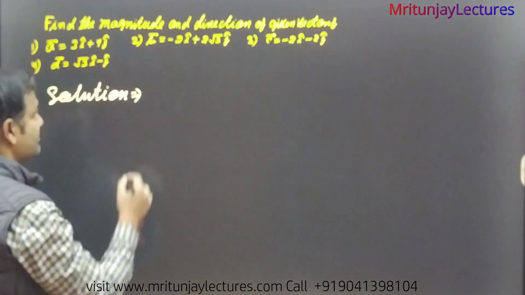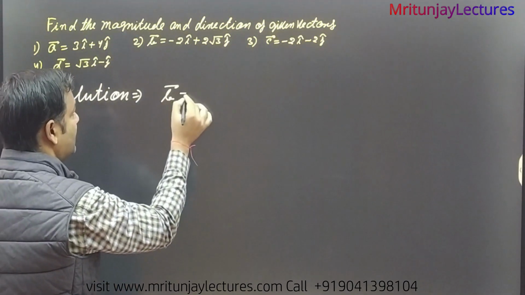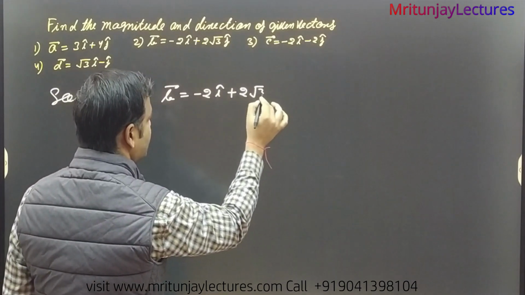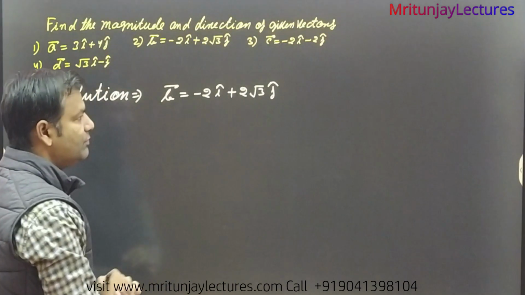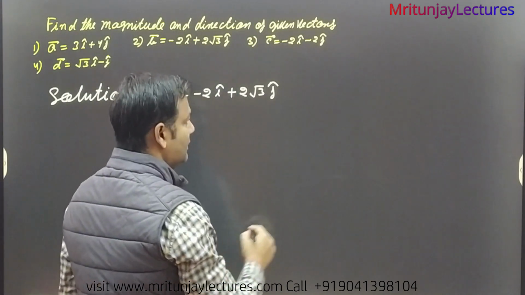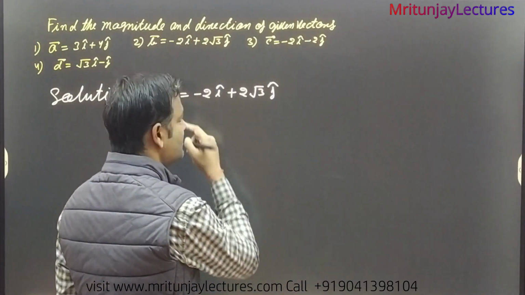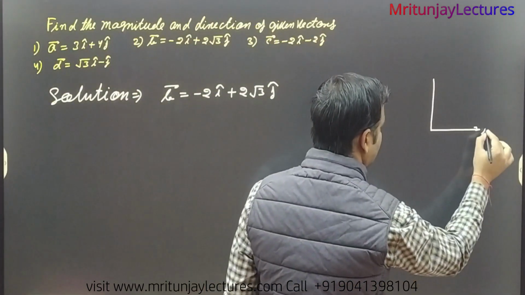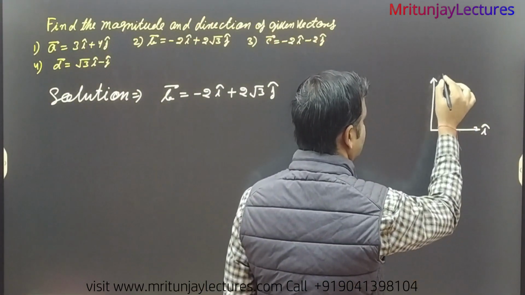Now the second part, that is minus 2i cap plus 2 root 3 j cap. How can we do this? First of all, draw here i cap and here j cap.